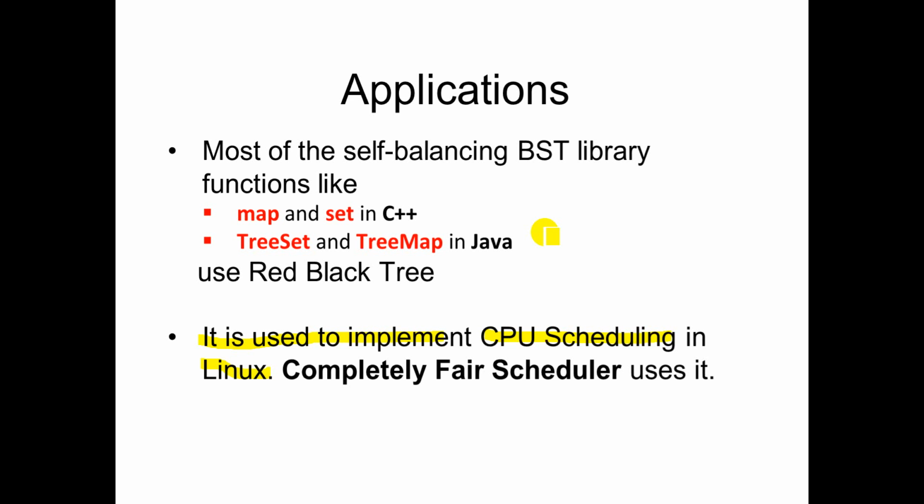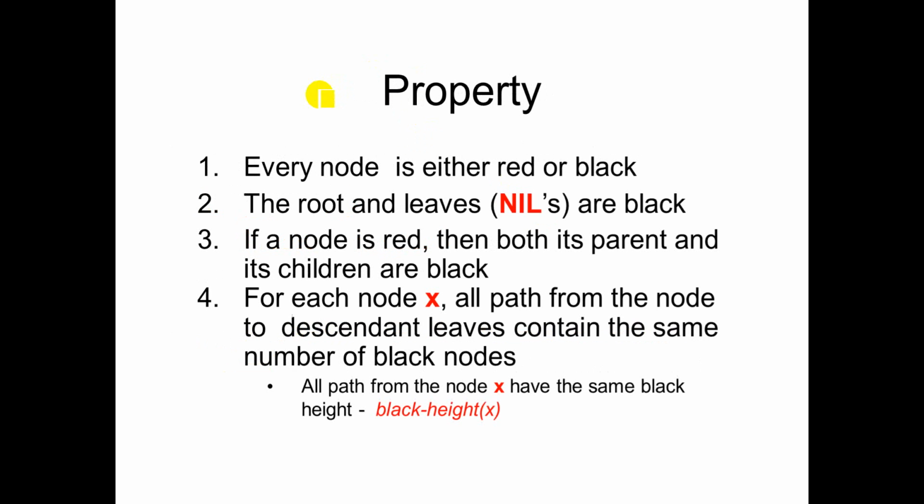First it is about the properties. Every node is either red or black. The root and leaves are black. If a node is red, then both its parent and children are black.